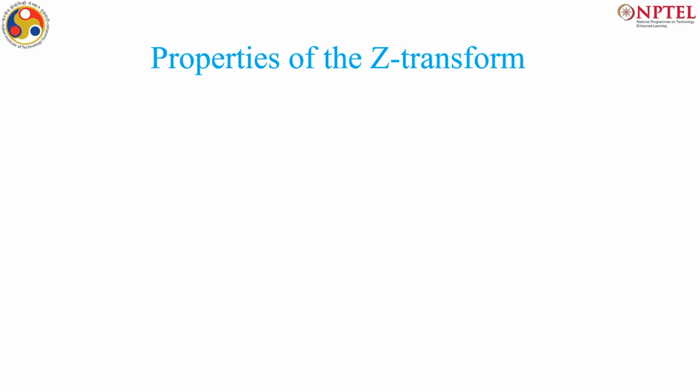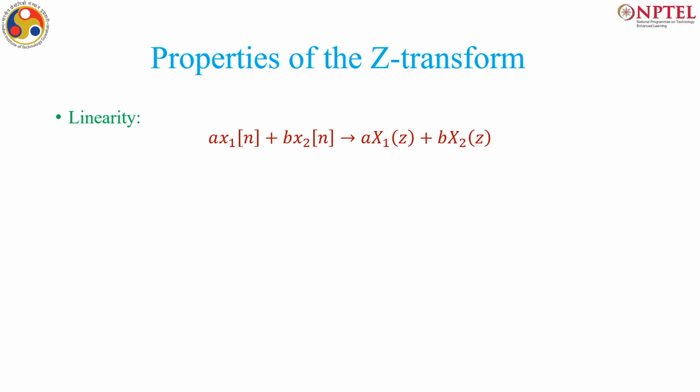So, I will end this topic with some properties, and the first property is the linearity property, which I have defined for most of the transforms. So, if x 1 n gives you capital X 1 z and x 2 n gives you capital X 2 z, then if I do a linear combination of these two, I get the same linear combination in the z transform domain as well.